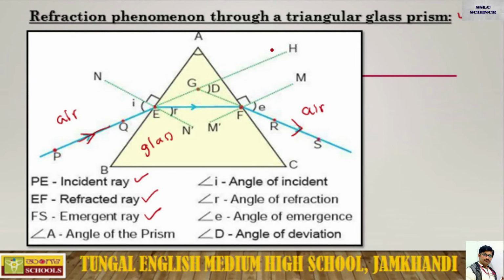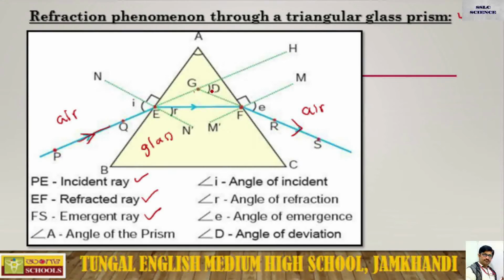And one more thing, this FS, the emergent ray, if you extend it back, it intersects at point G. Assume it intersects somewhere at G. So the angle between the incident path and the emergent path is taken as the angle of deviation D. The angle between H, G and F or any line on that is taken as the angle of deviation.